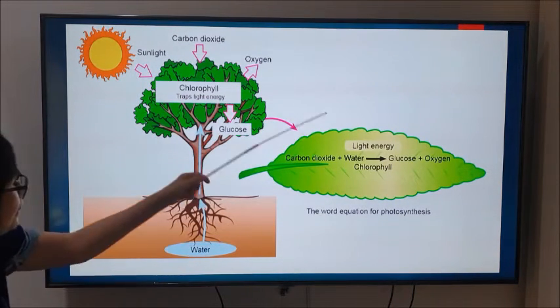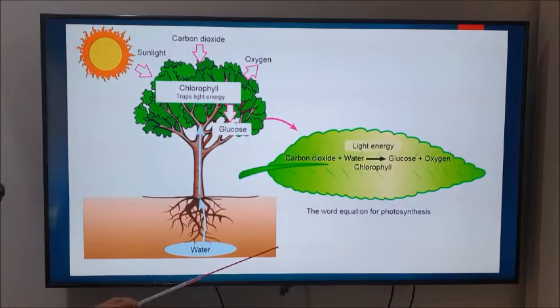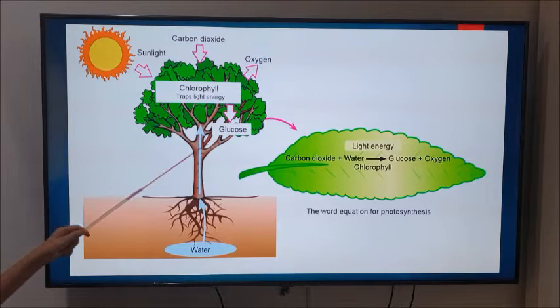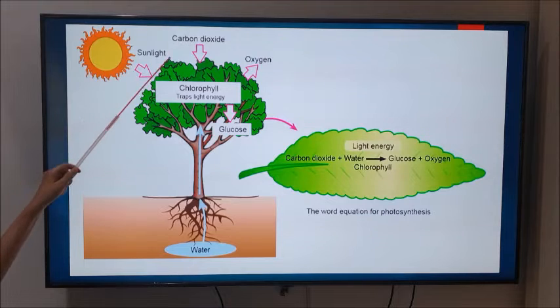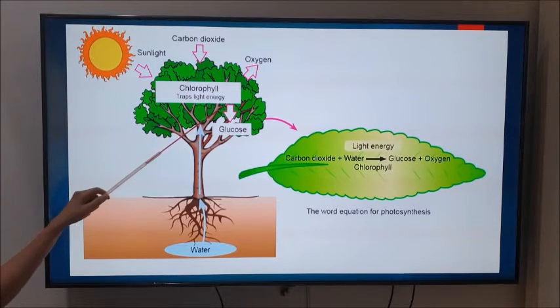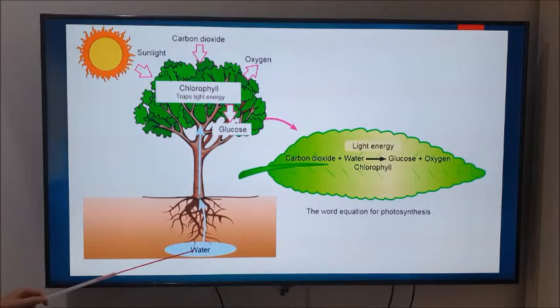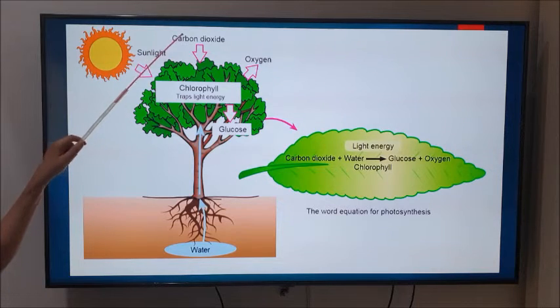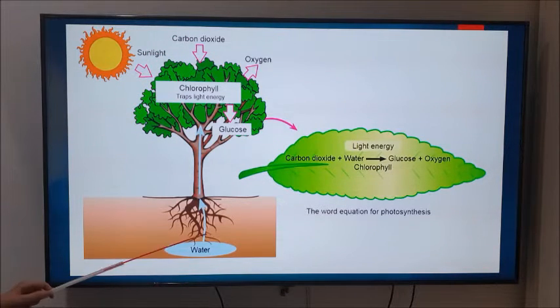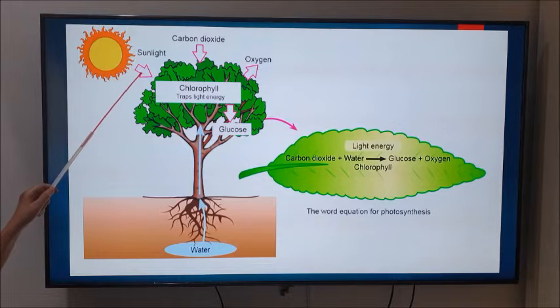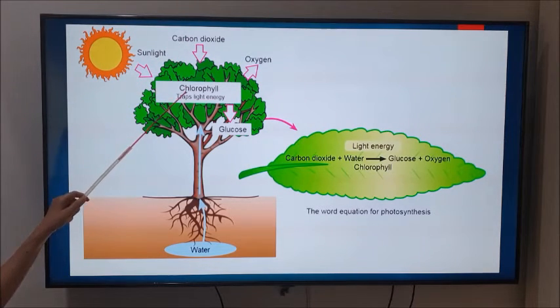So this is the conclusion of what we have learned just now. Plants carry out photosynthesis with the presence of sunlight, chlorophyll, water, and also carbon dioxide. So water, sunlight, carbon dioxide, chlorophyll, these are the 4 factors needed for photosynthesis.